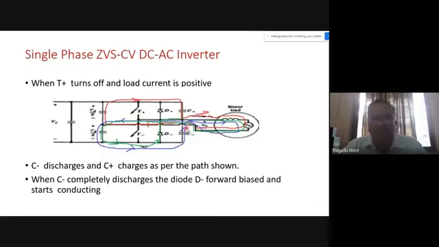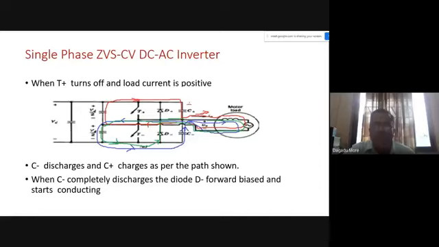So here, whenever our T plus is turned off from steady state condition, the energy stored in the inductor has two paths. One is marked with red color, and because of that our capacitor C plus will charge with upper polarity positive and lower polarity negative.